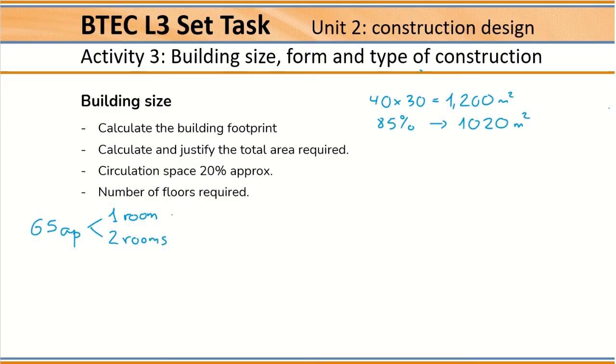I have decided that the ones with one room are 40 meters squared and the ones with two rooms are 55 meters squared. I also have decided that I have 50 apartments of one room and 15 apartments of two rooms.